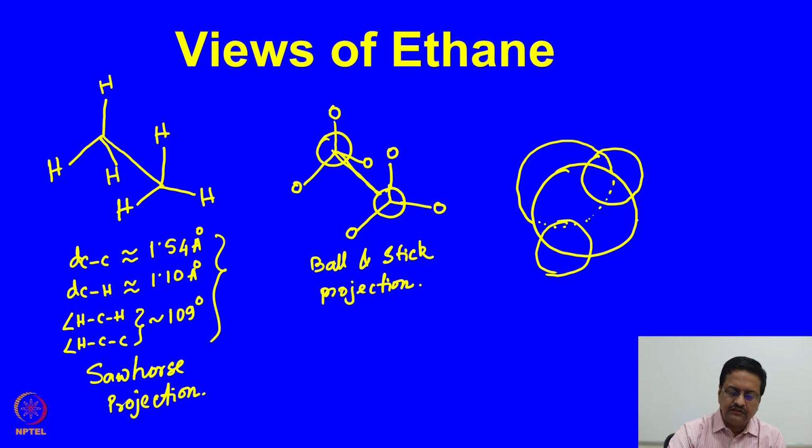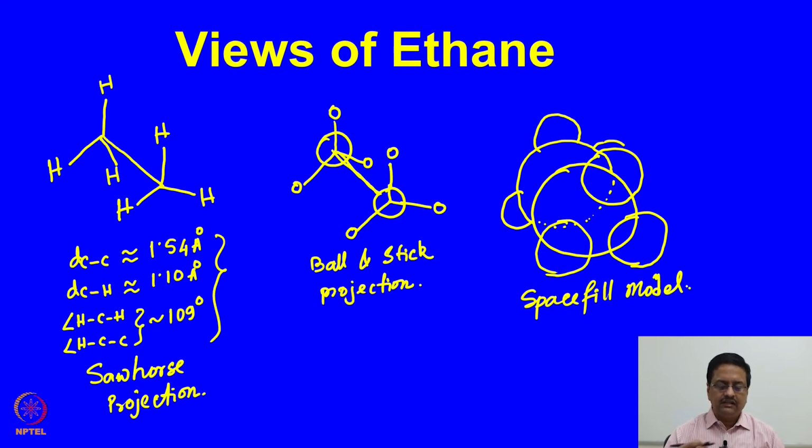These hydrogens are on the front carbon, so we see them as full atoms, and the ones connected to the back atom are only seen in part, and we only draw that like this. So, this is called the space fill model. In your textbook you will see these different models or projections of the same molecule for different purposes.